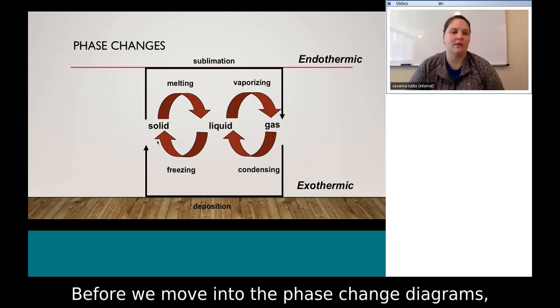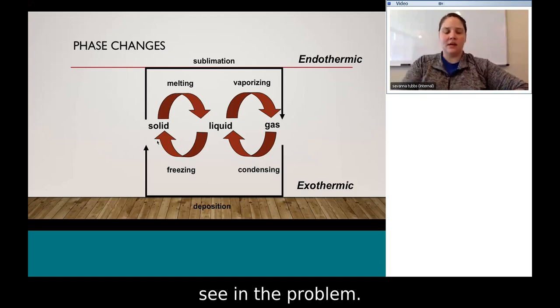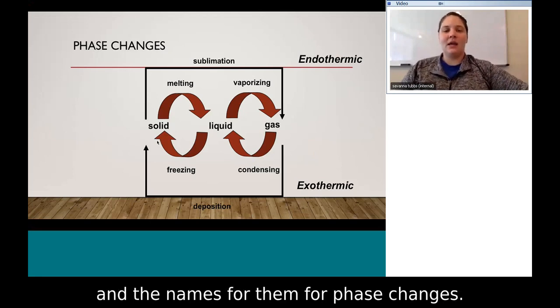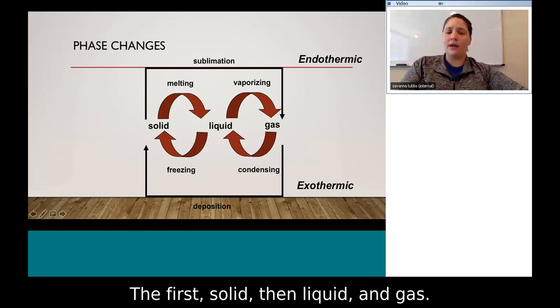Before we move into the phase change diagrams, we have to be able to understand some terms that you'll see in the problem. So this is a chart that explains what is happening and the names for phase changes. There are three phases: solid, liquid, and gas.